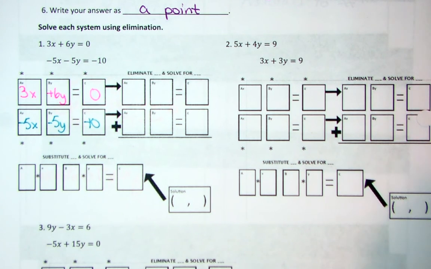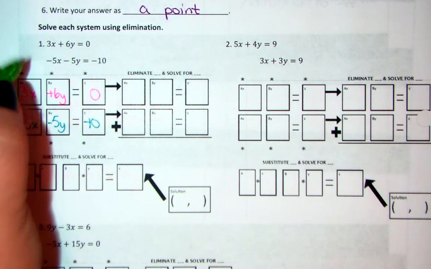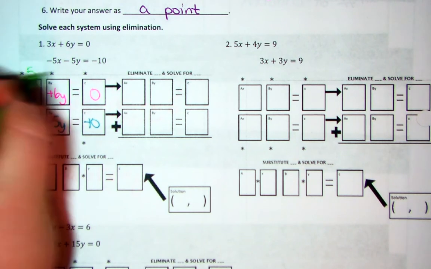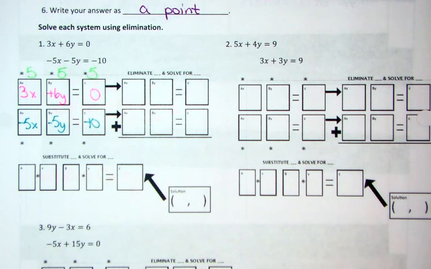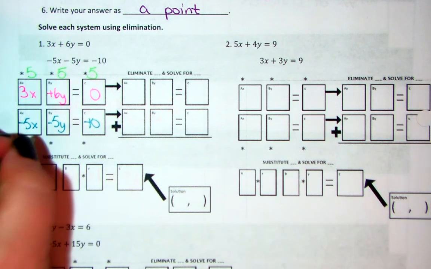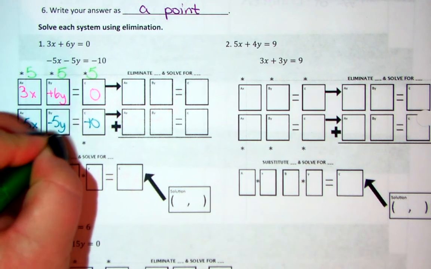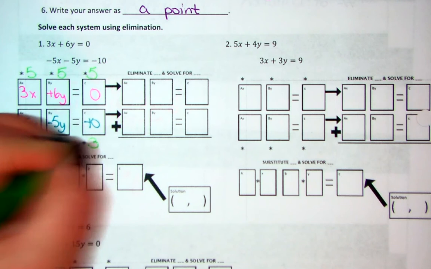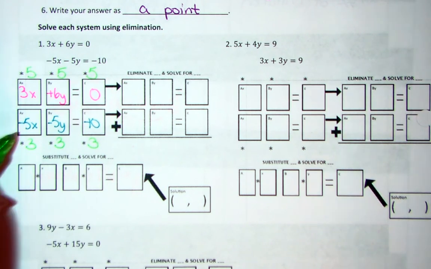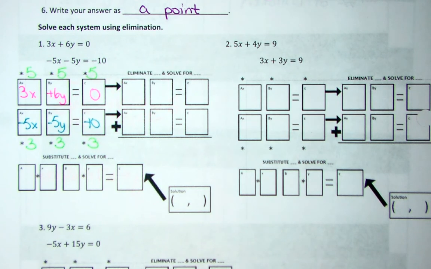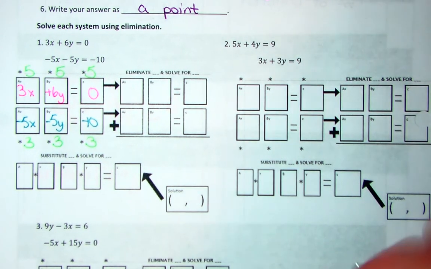I'm going to choose to eliminate my x's in this, so that means I'm going to multiply my top equation by 5, and I'm going to multiply my bottom equation by 3. And I already have opposite signs, so I don't need to make one of the things that I'm multiplying by negative.